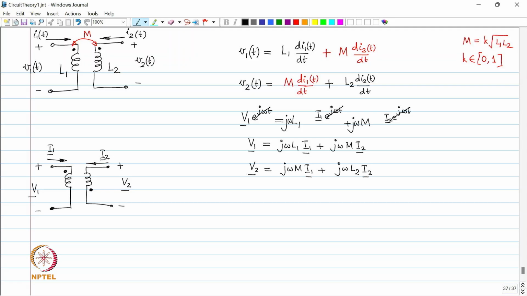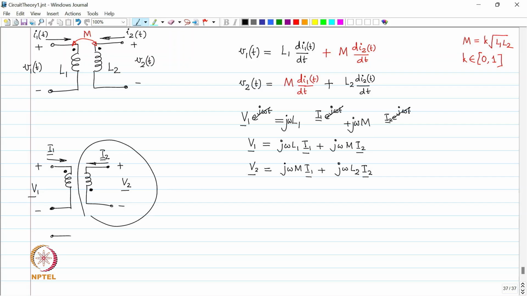Opposite polarity. Okay, what you are saying is totally correct, but what you could do is redraw this by flipping it. Just flip this part around, turn it upside down.